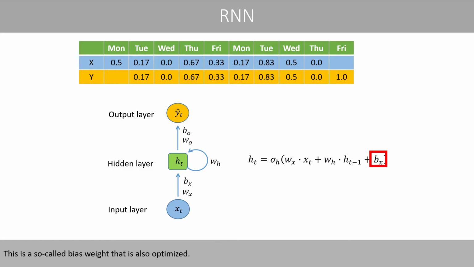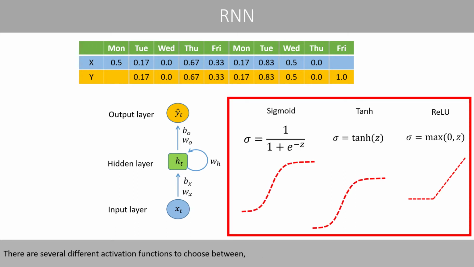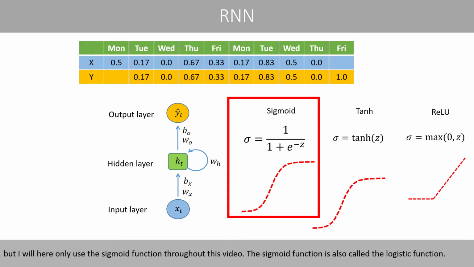This is a so-called bias weight that is also optimized. This symbol represents that we will use some sort of activation function. There are several different activation functions to choose between, but I will here only use the sigmoid function throughout this video. The sigmoid function is also called the logistic function.